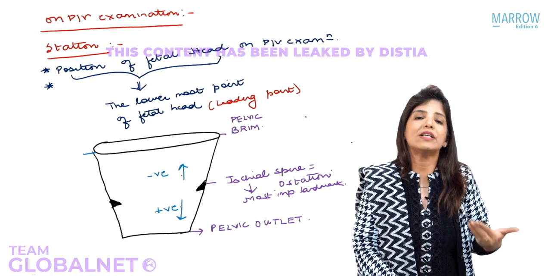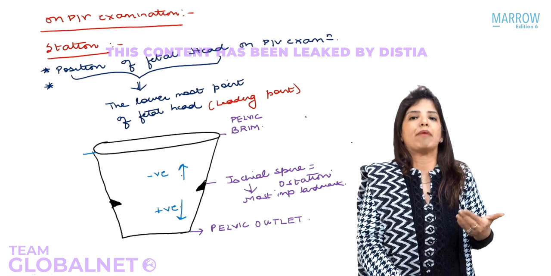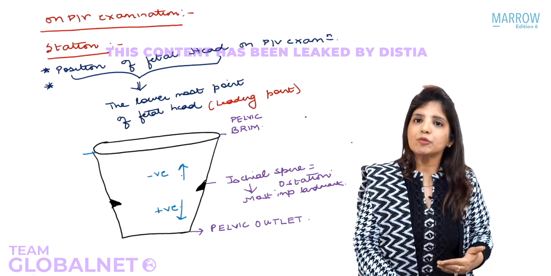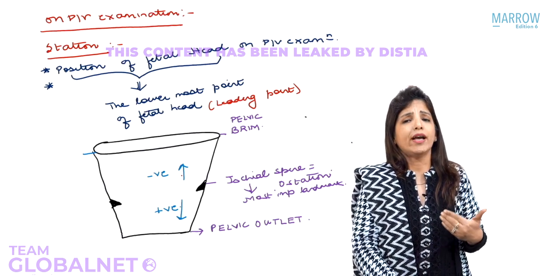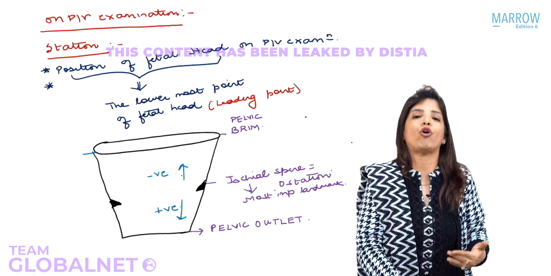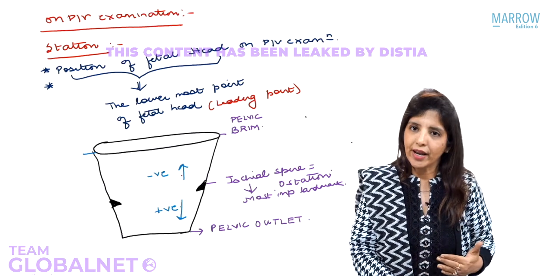That means the lowest point of the fetal head where it is lying in relation to the ischial spine. Ischial spines can be very easily palpated, and that is why it is a landmark for defining the station of fetal head, right?